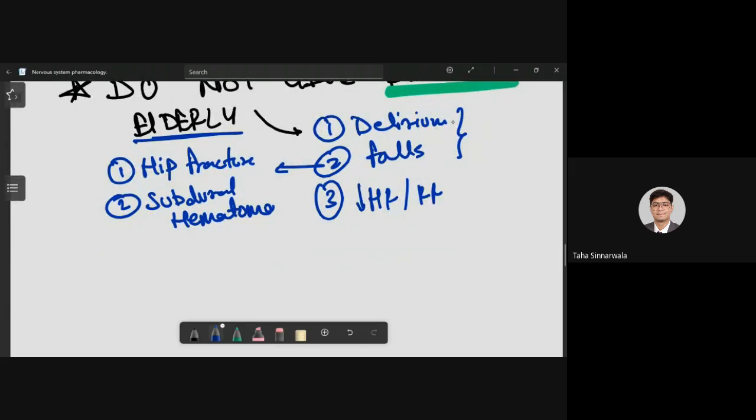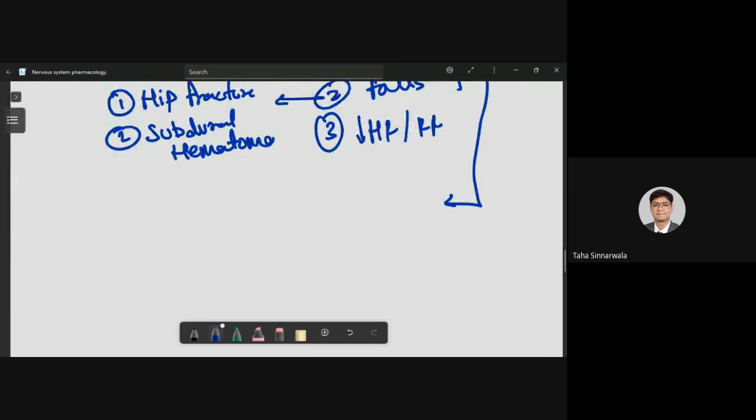Now, also for delirium, do you guys know what kind of medications can cause delirium? Benzos, antihistamines, anything anticholinergic.